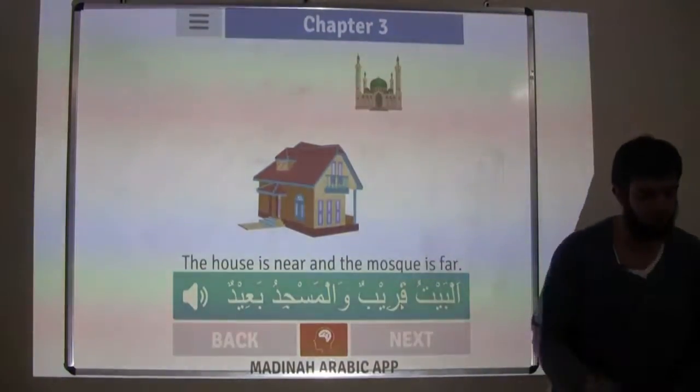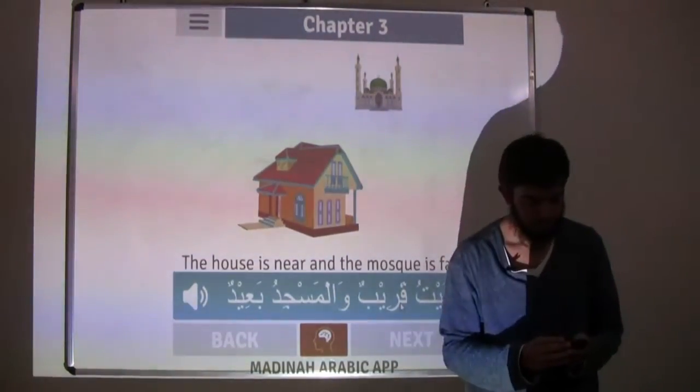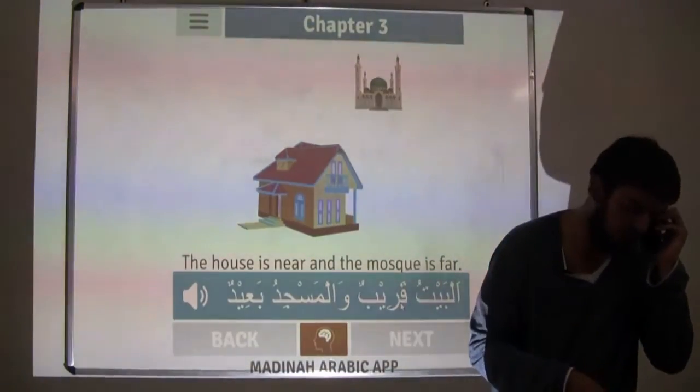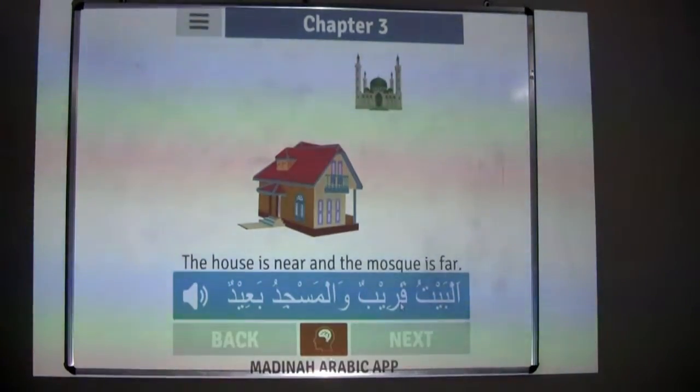Excuse me. Hello? Welcome salam. Yeah, the same building, topmost floor. No, not in Brigade Crescent. Opposite to that Indian Bank. Above Indian Bank, there's a gym.